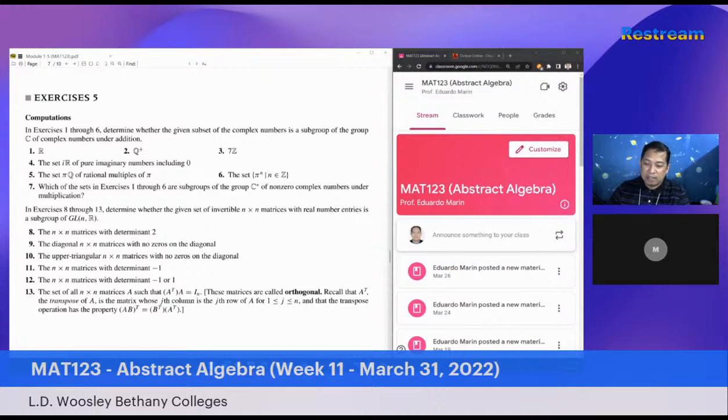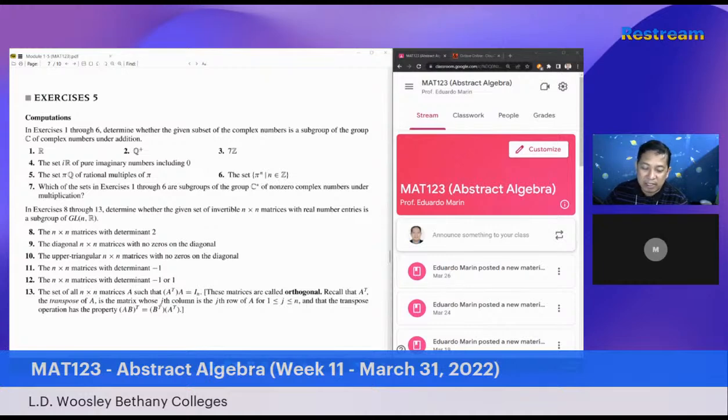What's the identity element under the positive rational numbers? Yeah, 0. So it's not present in Q plus. It's not in the set. It's not closed in Q plus. Therefore, it's not a subgroup. No, it's not a subgroup of the group.